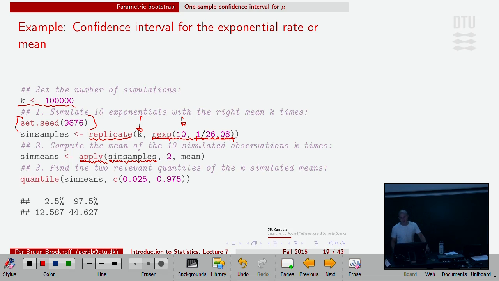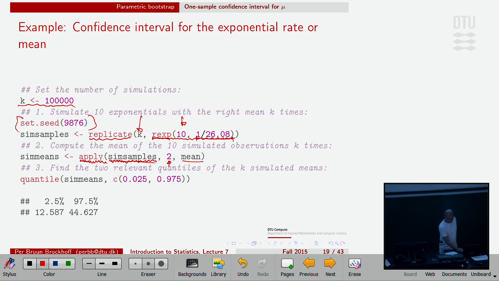I have to jump into R to recheck which is rows and which is columns. I compute the mean on one dimension 100,000 times. So I get 100,000 means, right? Each time that I simulate 10, I compute the mean.